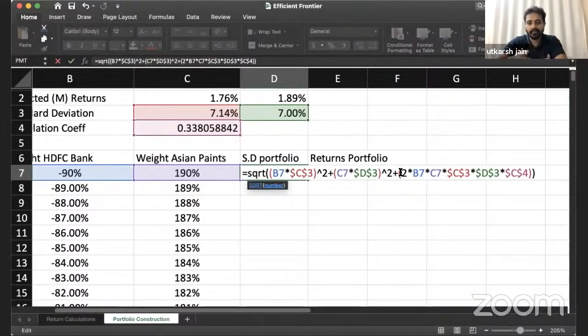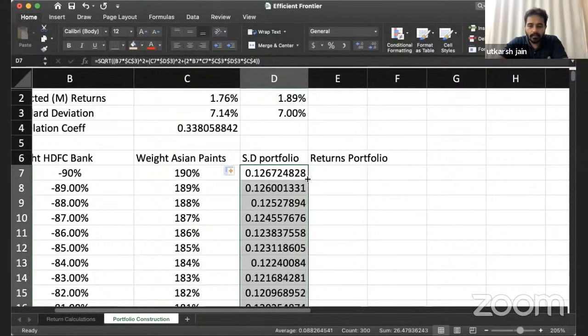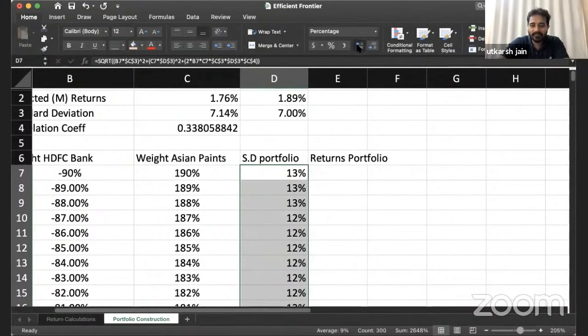So okay, let's bracket this. So okay, seems to be ready. Let's hit the enter button, and there you go. We have standard deviations available for the whole range, and double click on it, and Control Shift Percentage.